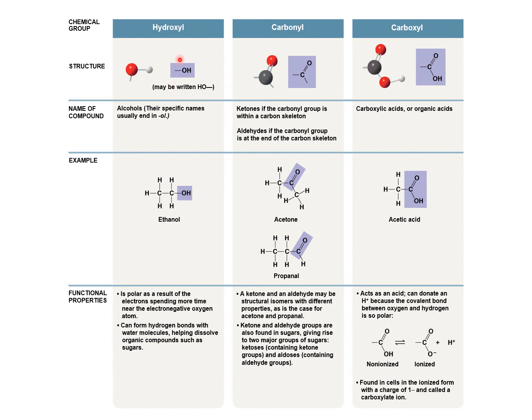A hydroxyl group, OH. Carbonyl, C double bond O, and its close cousin, the carboxyl, COOH. Carboxylic acids can ionize and be very polar. Carbonyls are usually not quite as polar, but nevertheless have some interesting properties.